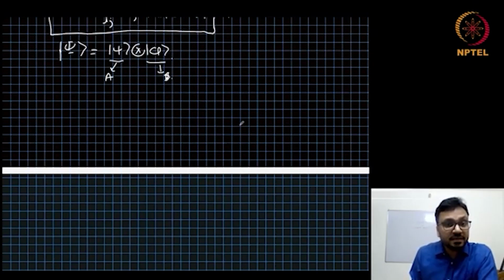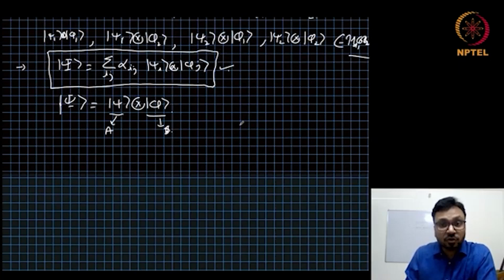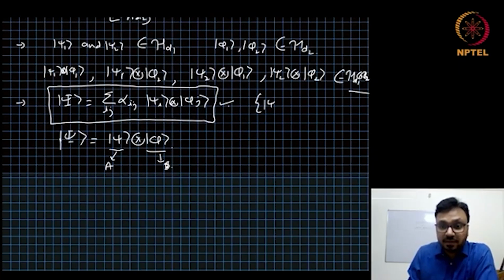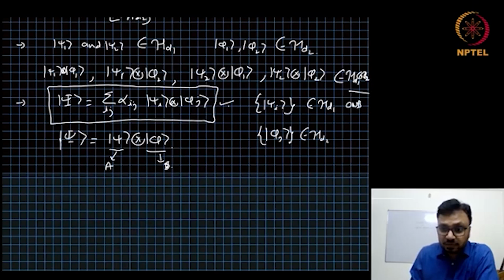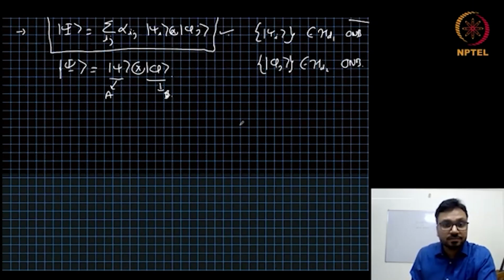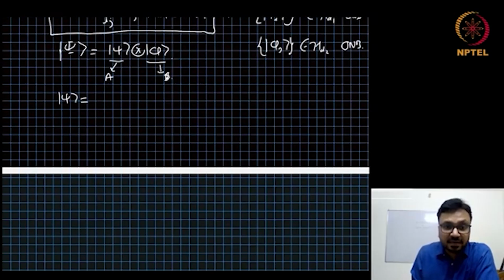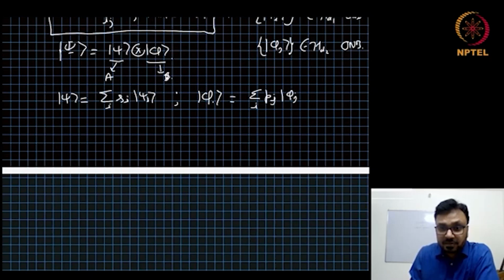Let us say that psi i is the orthonormal basis in HD1, and phi j is the orthonormal basis in HD2. It means we can write psi as sum over i of si psi i, and phi as sum over j of pj phi j.